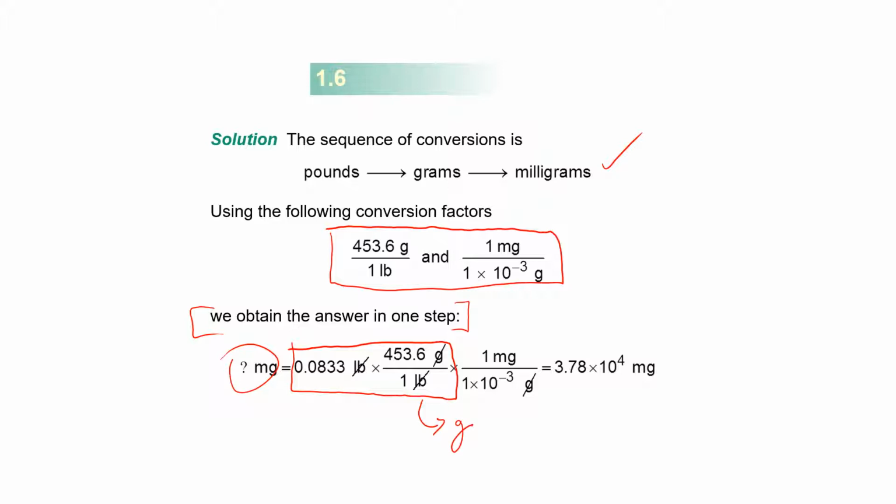Then we take those grams and multiply whatever answer we got in grams by a second conversion factor, which is 1 milligram for every 10 to the negative third grams. And that's going to give us our answer. If we look at the whole one-step problem, we notice that the pounds canceled, the grams canceled, and we're left with the milligrams, which is exactly what we want.